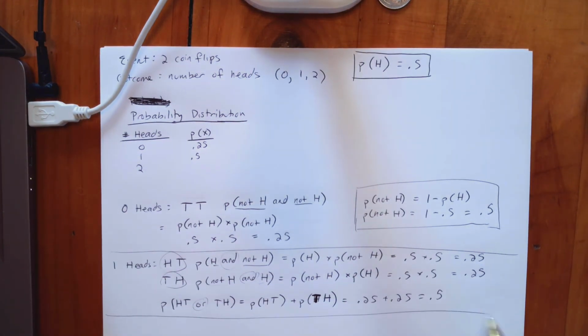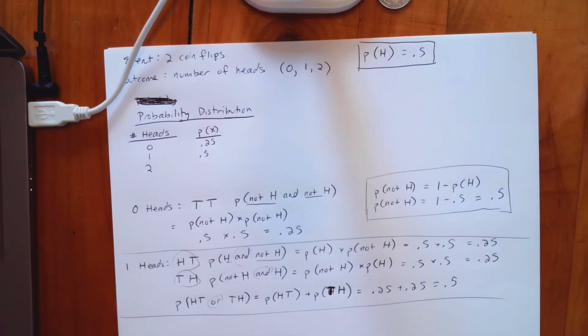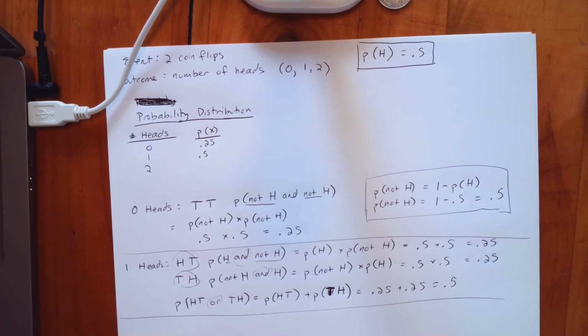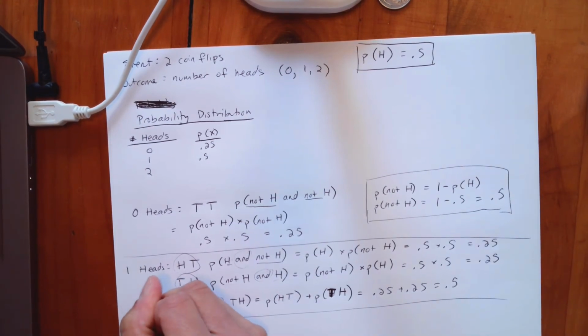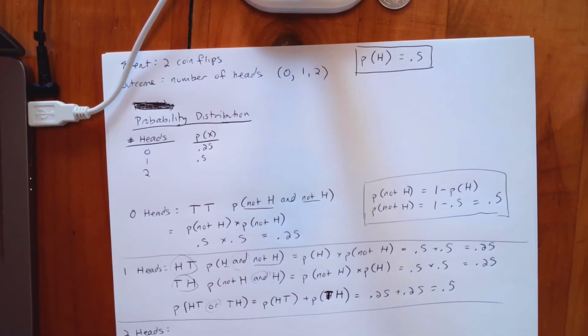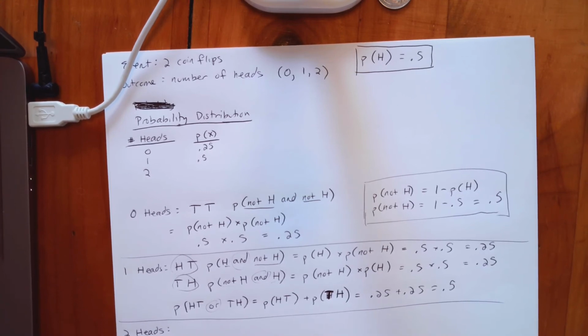Our final value in our probability distribution is going to be the probability of getting heads twice in those 2 coin flips. If you think about flipping a coin twice, there is only one way to get heads twice. For that to happen, you have to get heads in your first coin flip and heads in your second coin flip.